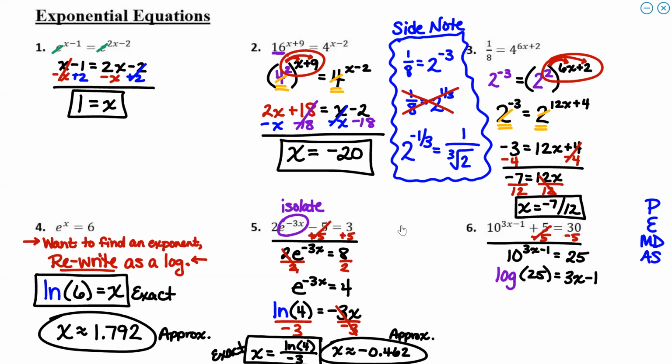How many terms do we have? 3 terms. This is starting to remind me of something. I've got 3 terms and it's set equal to 0. Looks like I'm going to want to try to factor this. This is called a quadratic type equation. I can't combine the exponents because they're being added.